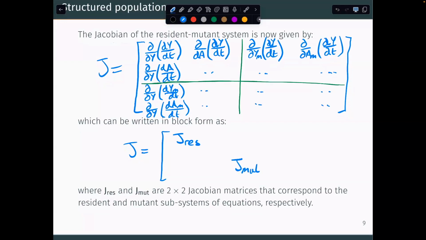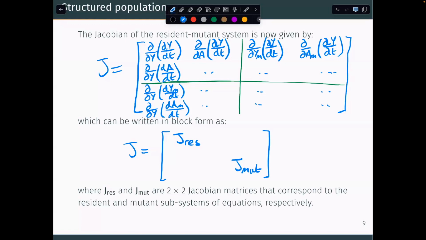In this bottom right-hand corner, we've got dYm/dt, taking the partial of that with respect to Ym, with respect to Am, and so on for our second equation for our adult mutant. So this is our Jacobian if we just had our mutant there. Or rather, how are our equations for our mutant dynamics changing with respect to the mutant population densities?